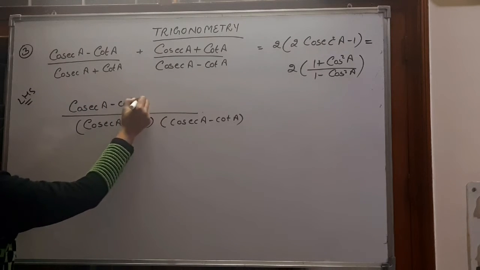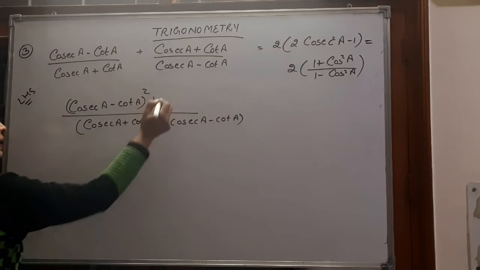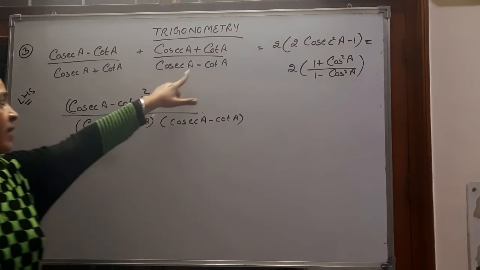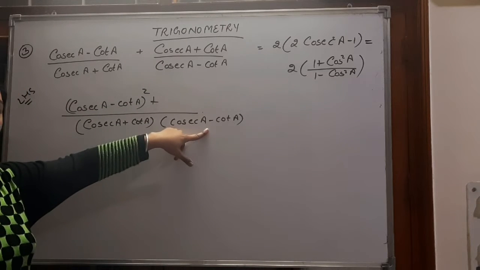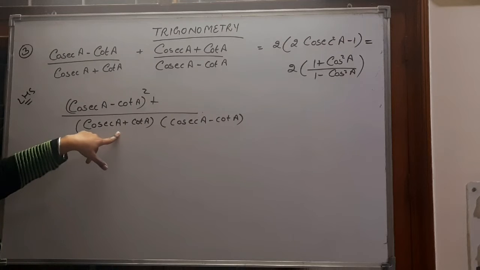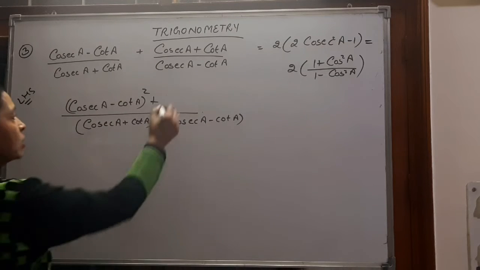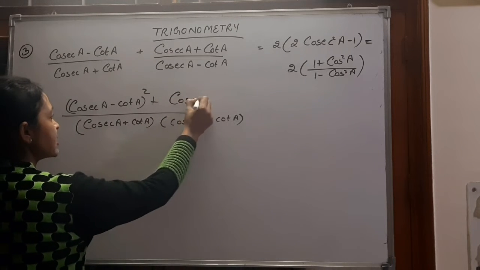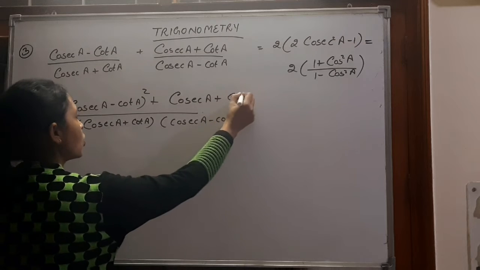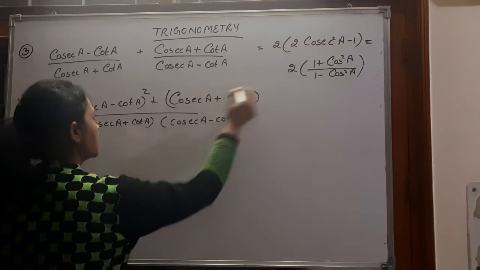(Cosec A minus cot A) whole square, plus, since we already have cosec A minus cot A in the denominator, we multiply the numerator with cosec A plus cot A. So what do we get? (Cosec A plus cot A) whole square.